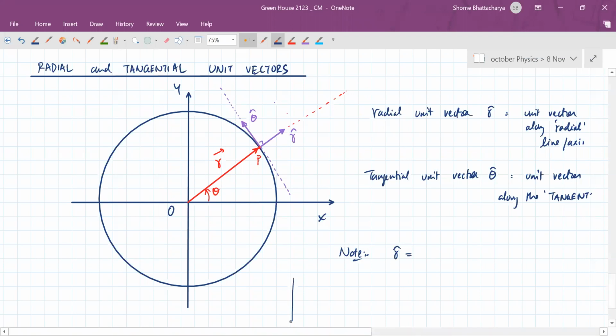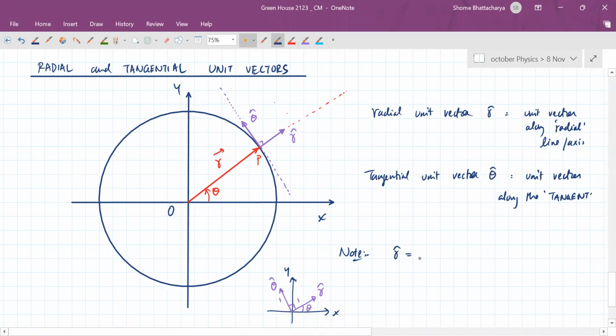If you look at r cap and theta cap separately with respect to your xy plane, you'll understand r cap is a vector of magnitude 1 at an angle theta, whereas theta cap is a vector of magnitude 1 which is perpendicular to it. So this angle is 90 degrees and its magnitude is also 1.